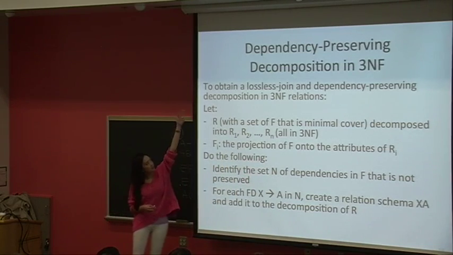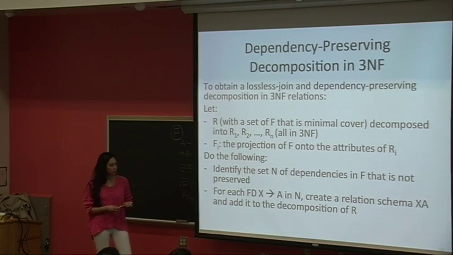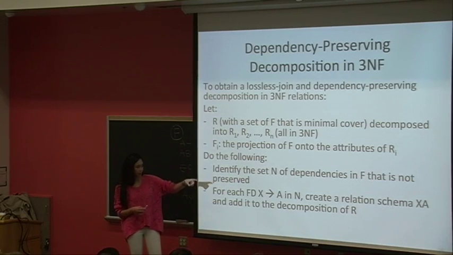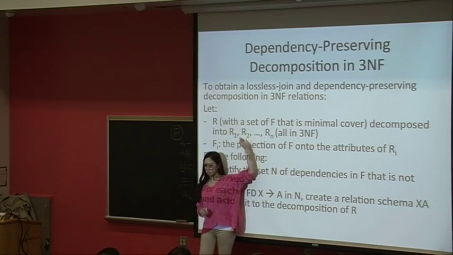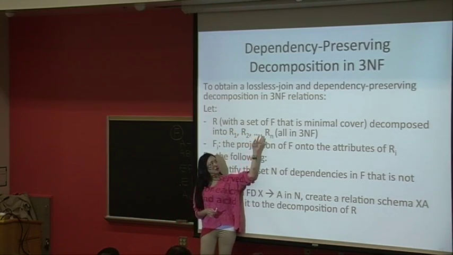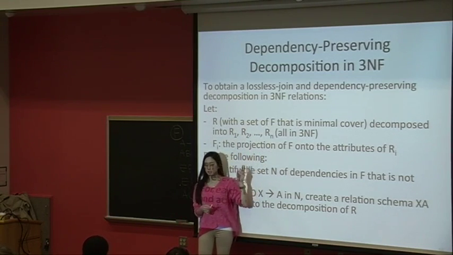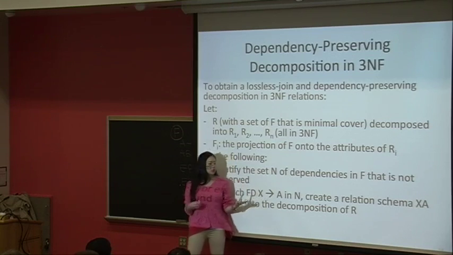Go back to our goal. We do the following. We first identify the set, which we call N, of the functional dependencies in F that are not preserved. We already decomposed into these relations, but as in earlier examples, they can be lossless joined, however some functional dependencies are still missing, which we would have to do a join to detect.